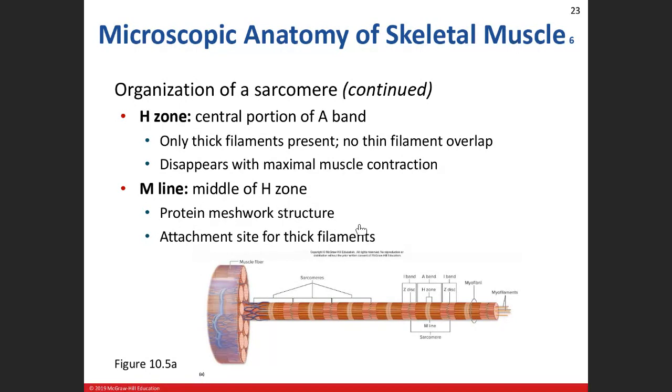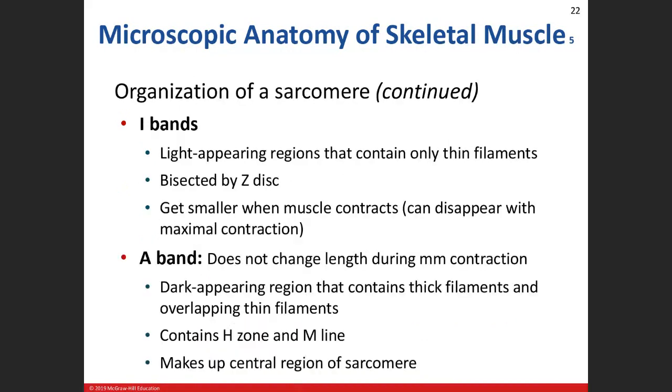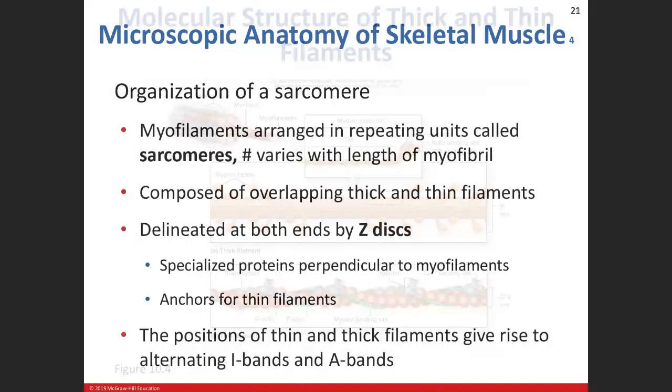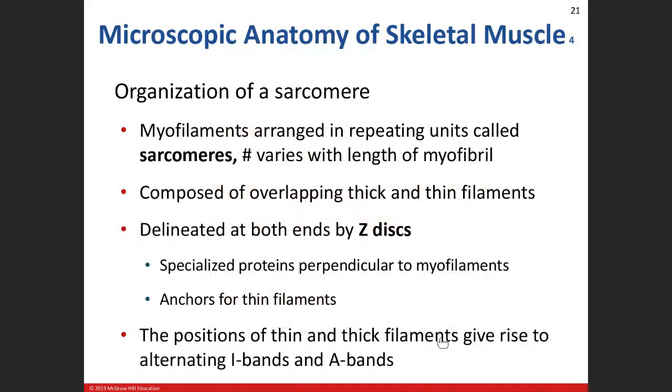So basically, a myofilament is just made up of a bunch of sarcomeres that are added on to one another. In the sarcomere, we are going to have areas of thick and thin filaments that are going to overlap one another.